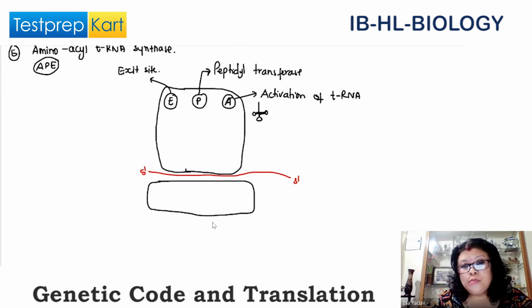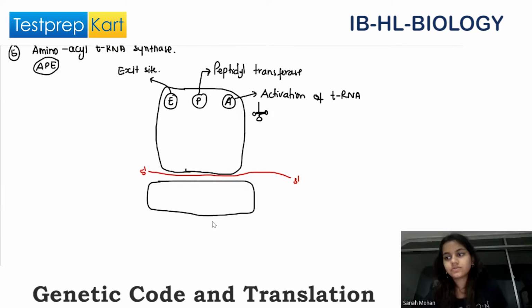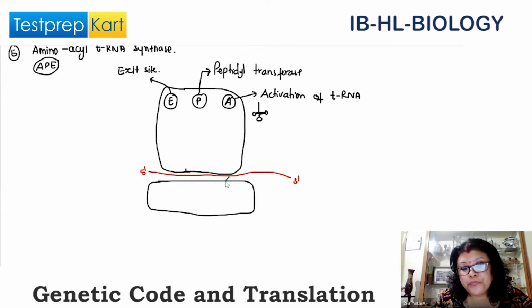I told you, AUG. So this tRNA comes and reads that AUG. So when tRNA reads AUG, what will it be?